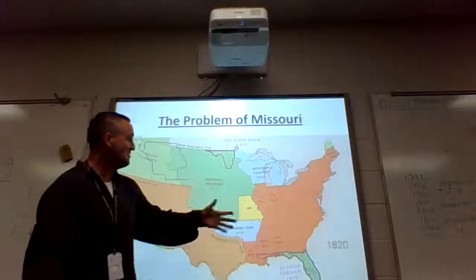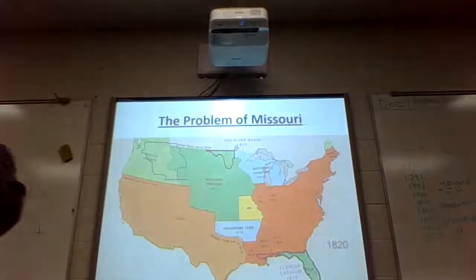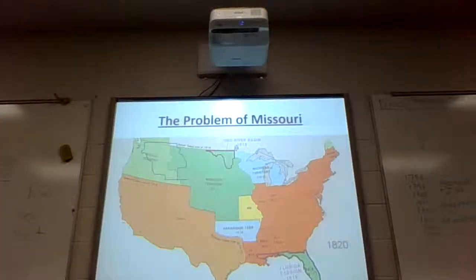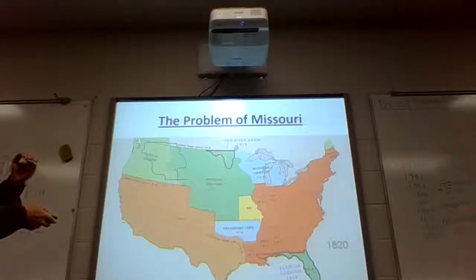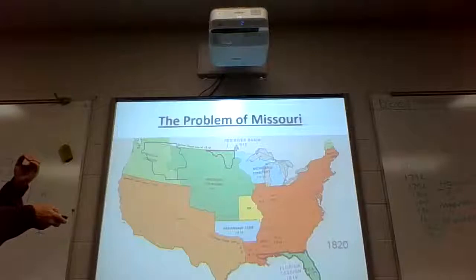The belief was that no one would want to live here, so it's useless land anyway. Whereas this, maybe. Also notice something else. I don't know if you've ever wondered this, but here's the answer. Did you ever wonder why, eventually this will become the state of Oklahoma, it has that little panhandle? Well, now you know. The southern border of the Oklahoma Panhandle is the same as the southern line of Missouri.